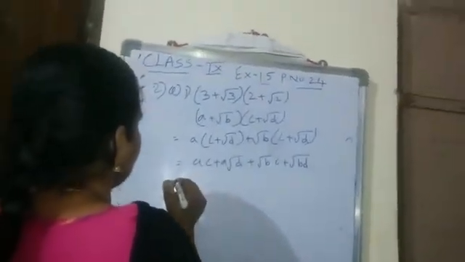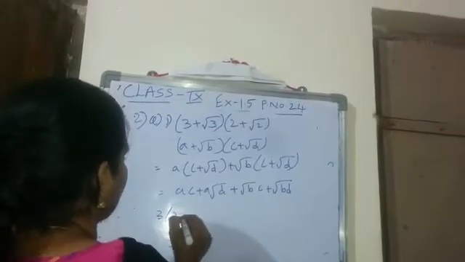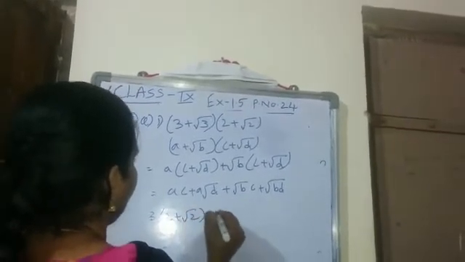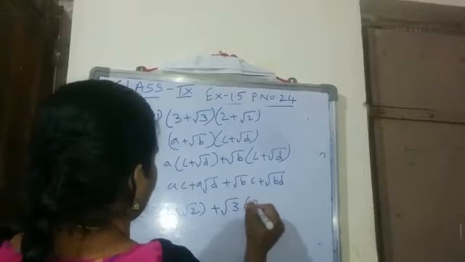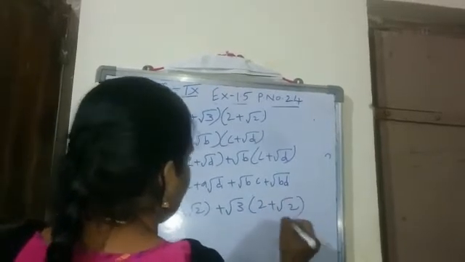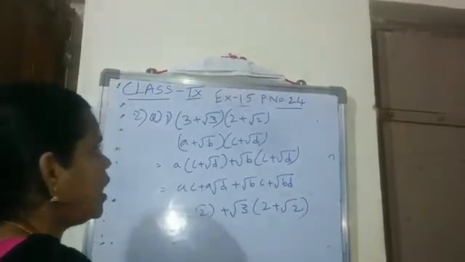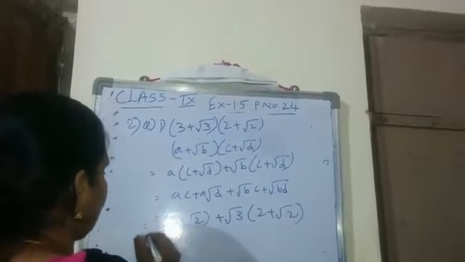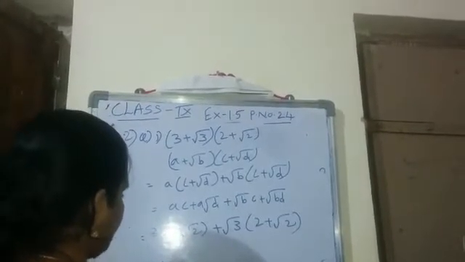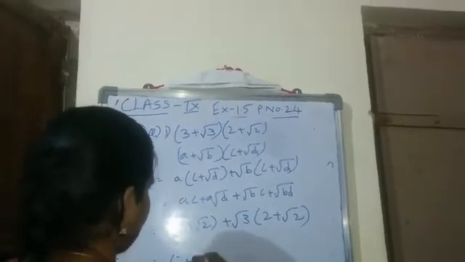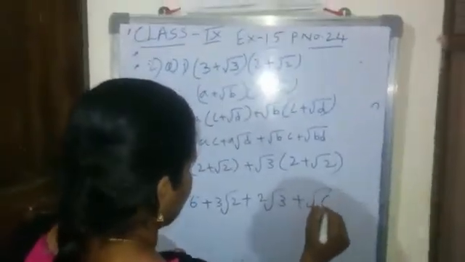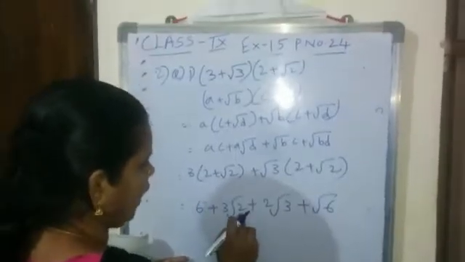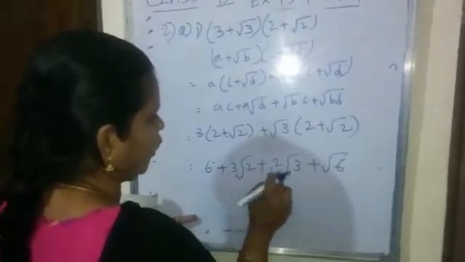So first, 3 is multiplying with 2 plus root 2 and root 3 is multiplying with 2 plus root 2. See, in algebraic expressions also, a binomial is multiplied by another binomial. So 3 2s are 6 plus 3 root 2 plus 2 root 3 plus root 6. Here we cannot add 3 root 2 and 2 root 3.